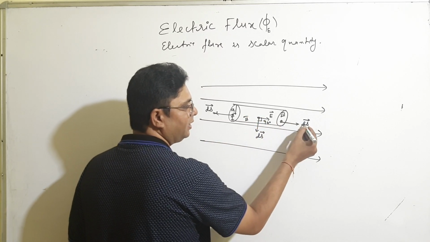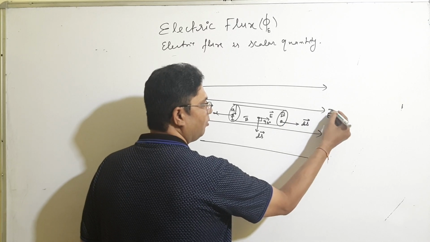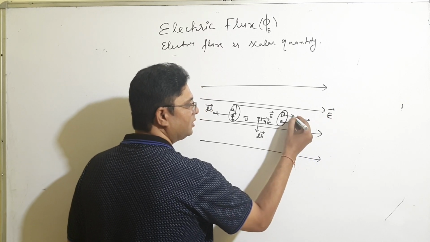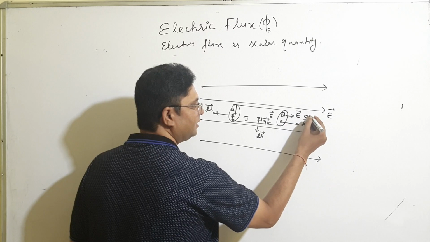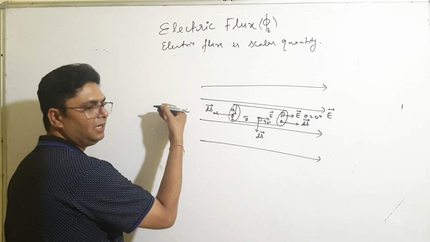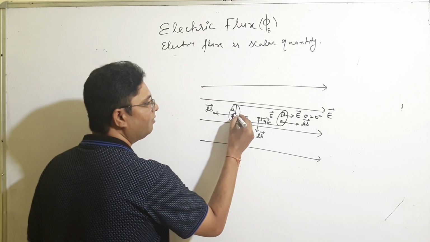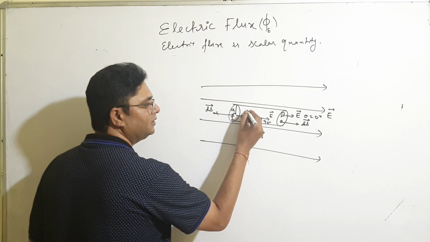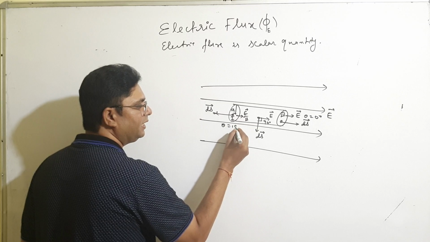Here ds and electric field E both have the same direction, so theta is 0 degree. Here ds is in left direction and electric field is in right direction, so theta is 180.